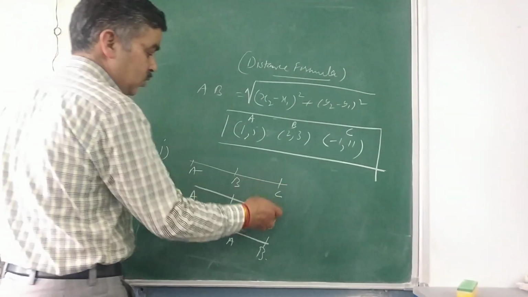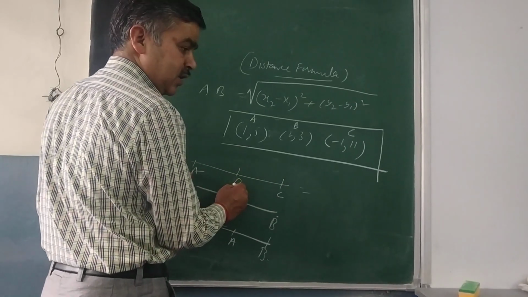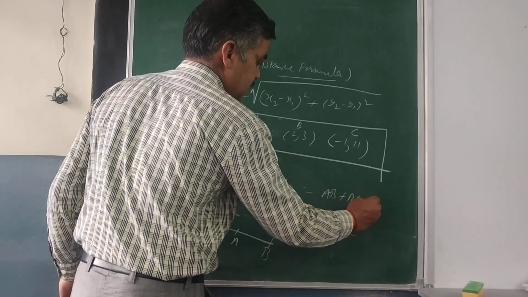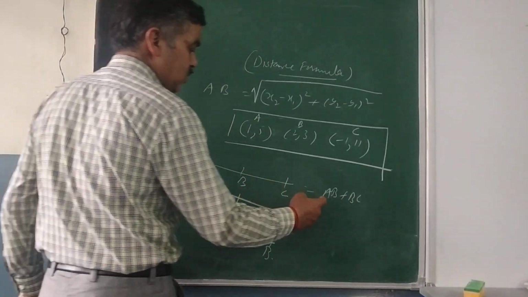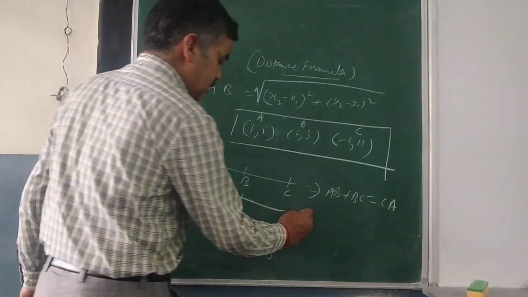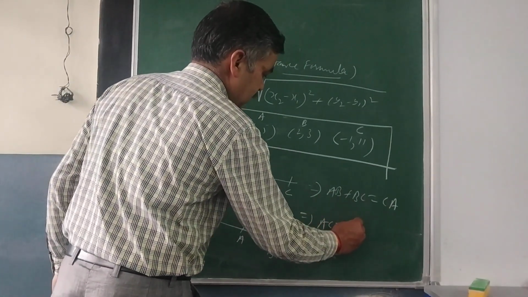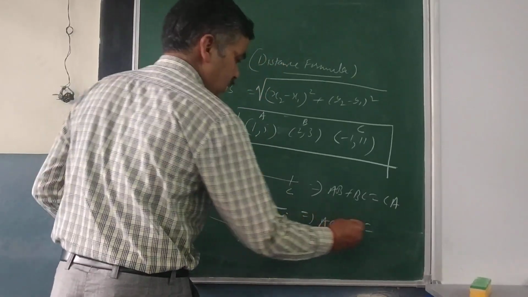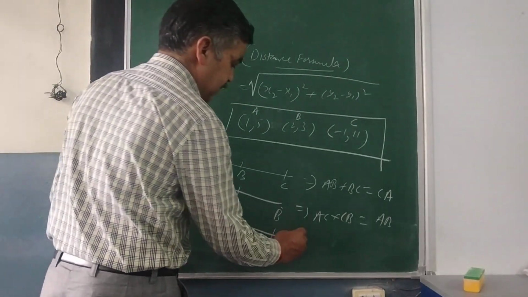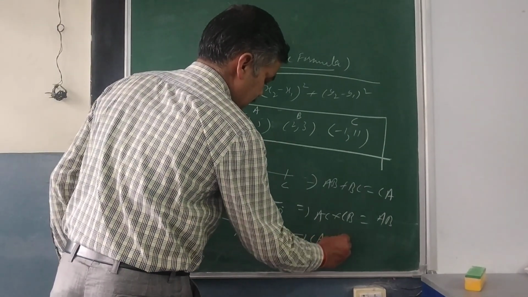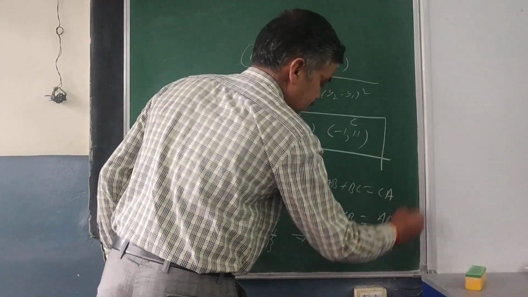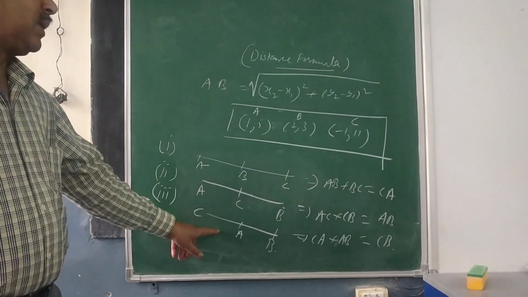So here, what you need to do is find the distance between AB and BC. So AB plus BC is equal to CA. Here, AC plus CB is equal to AB. And here it is CA plus AB, again CA plus AB, and finally that equals CB. So these are the three possibilities.